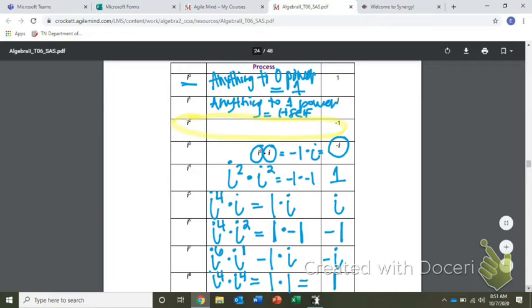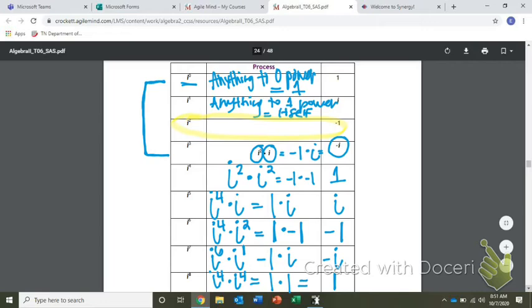Now look at the last column. Do you see a pattern? 1, i, -1, -i. 1, i, -1, -i. That pattern repeats every 4 times. So I want you to draw a bracket from 0 to i cubed.